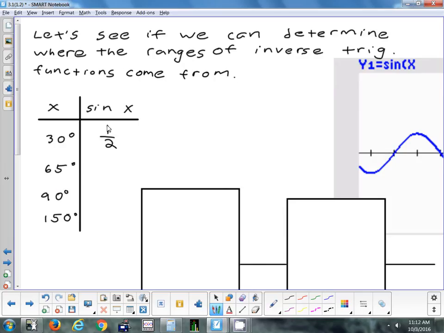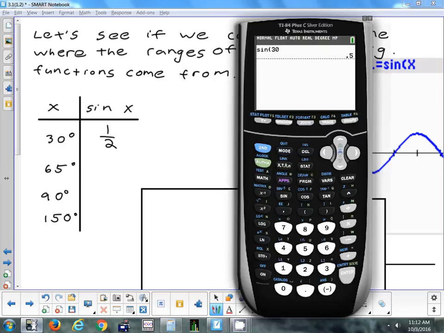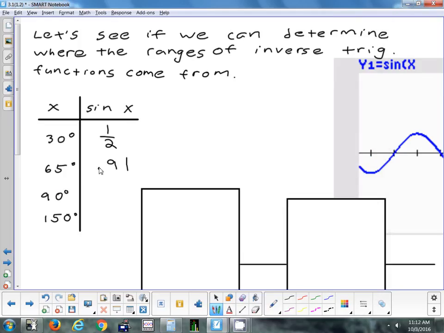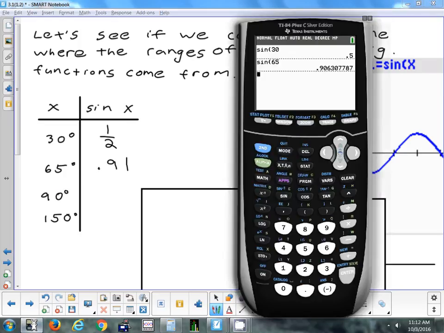I'm going to do the sine of 65, and I get, we'll call it 0.91. The sine of 90. Does anyone remember what that one's going to come out to? Well, it's pi over 2 in degrees, but when I typed, anyone remember what I typed and that came up as the answer earlier? 90?